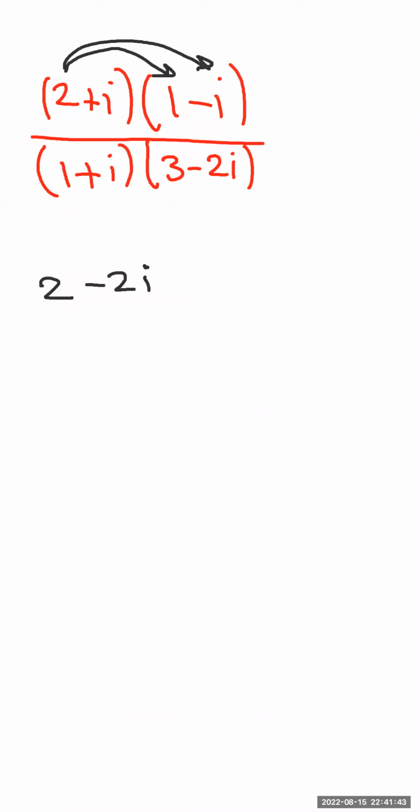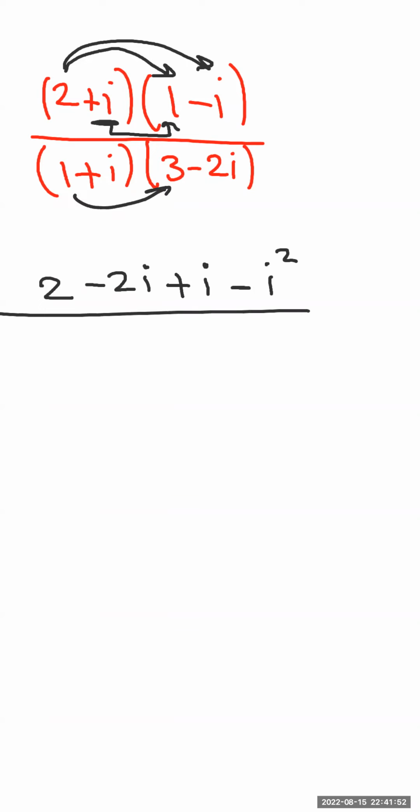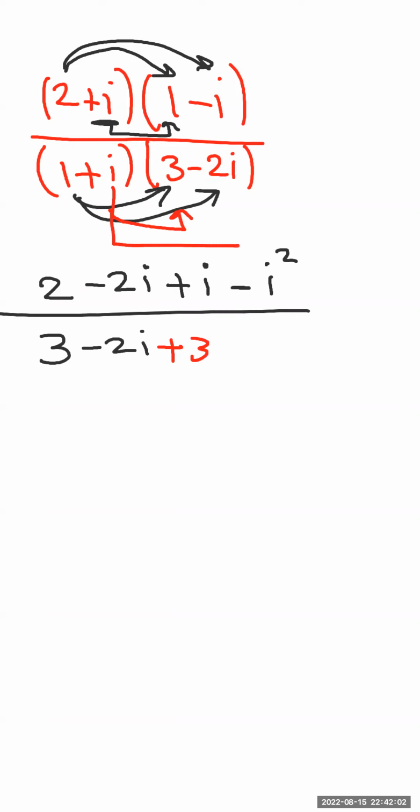Then i times the second bracket, so plus i minus i squared. Denominator: 1 times 3 is 3. 1 times negative 2i is negative 2i.